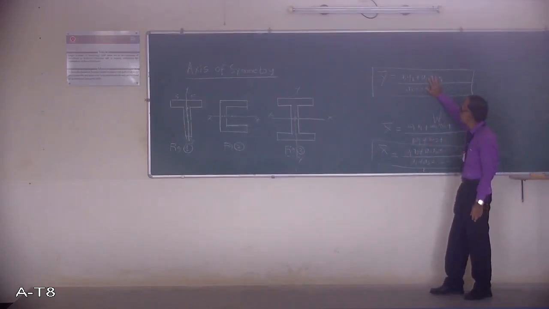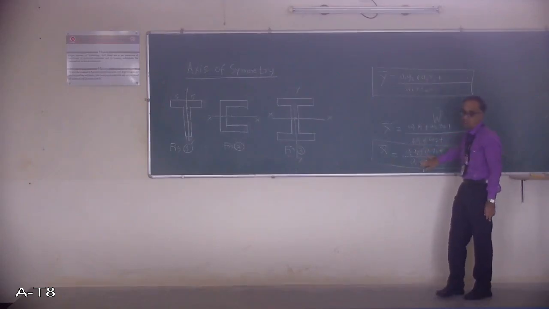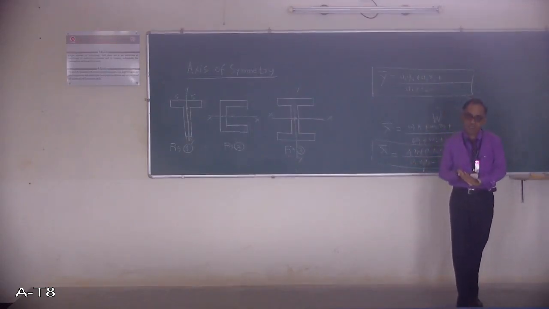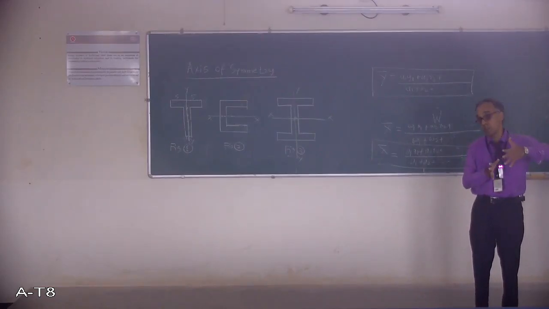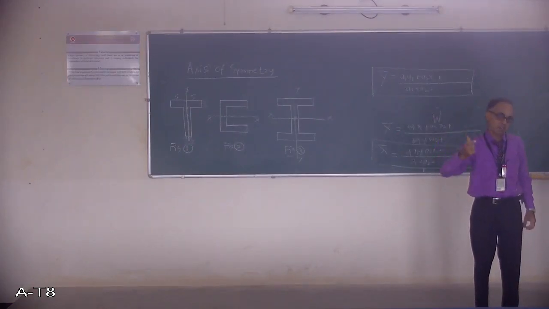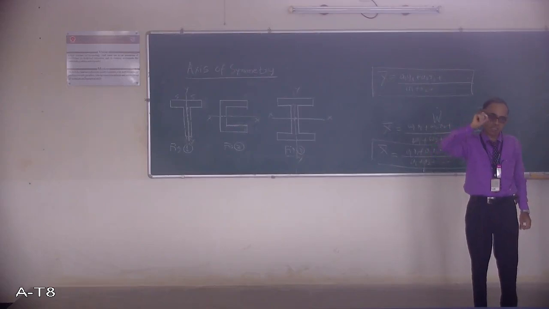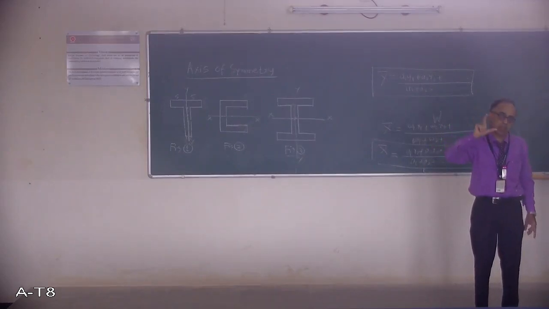Whatever points I have discussed, you must remember correctly, because when I come to the problems, I won't go on repeating the same things. This is a derived equation, so I directly write the equation, then I write what A1 is, the area, and what the X1 and Y1 values are.